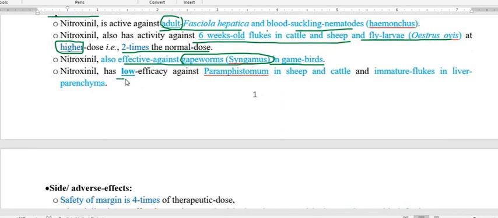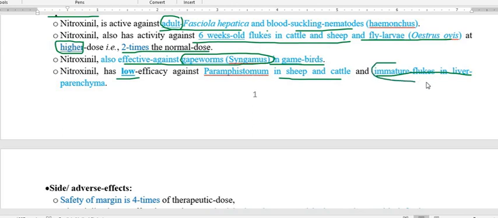Regarding efficacy, as we mentioned, against flukes and nematodes, and regarding its efficacy against Paramphistomum, which we know is found in the gastrointestinal tract, nitroxynil possesses low efficacy in sheep and cattle, as well as against immature fluke in the liver parenchyma that we already discussed.